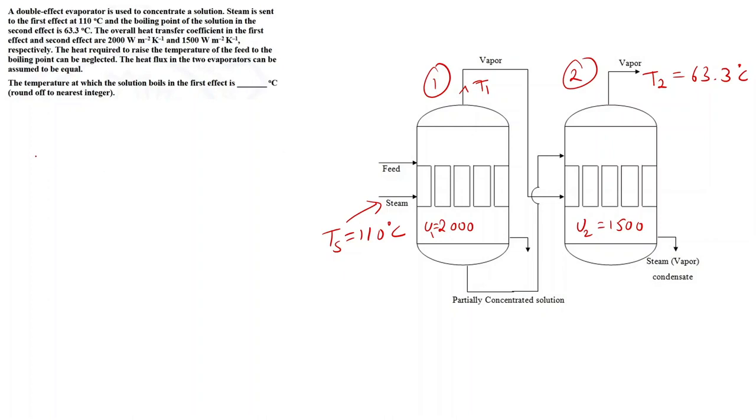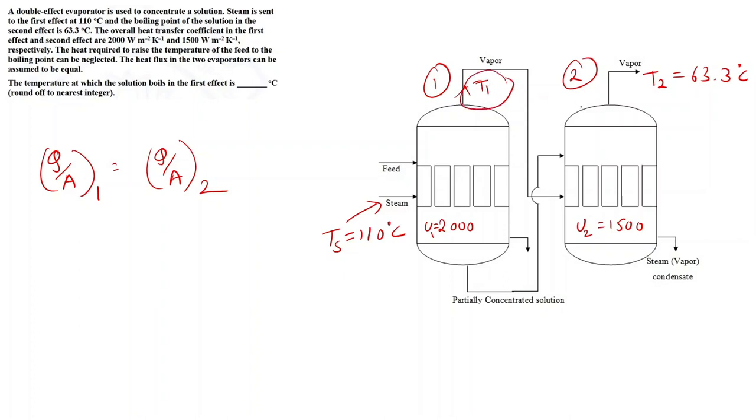So for the first evaporator, the heat flux Q upon A1 will be equal to the heat flux of the second evaporator. We have been asked to find T1, the temperature at which the solution boils in the first effect.